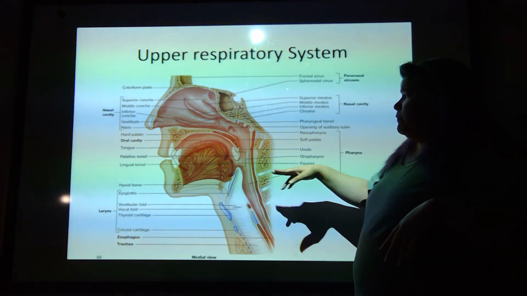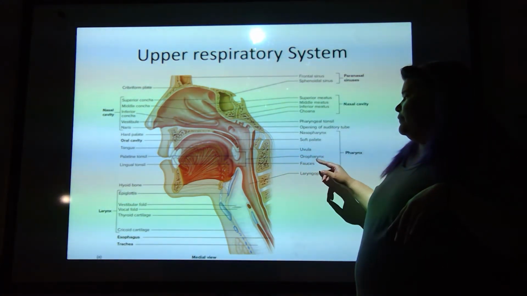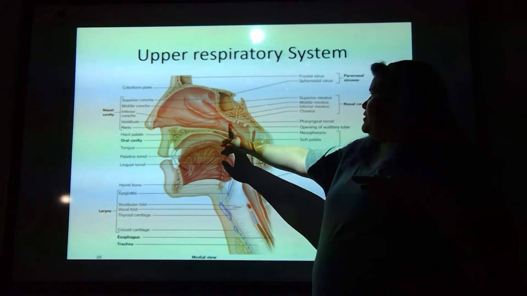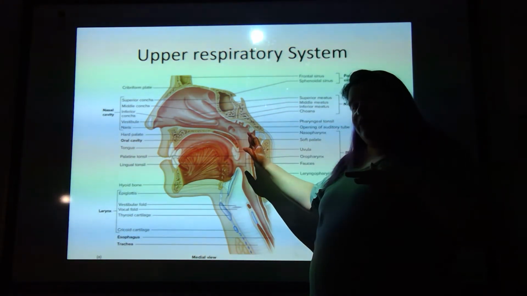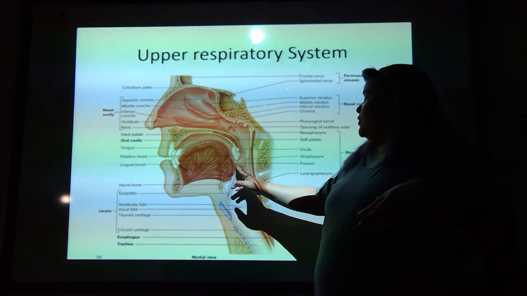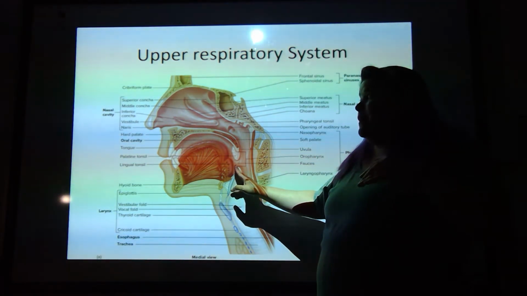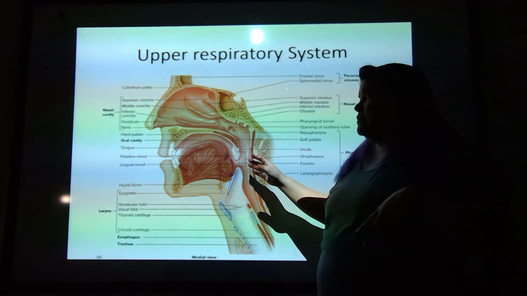The little dangly thing at the back of your throat, that's the uvula. And basically, again, you know how this choana is basically that transition from nasal cavity to pharynx? In the mouth, you have the fauces. That's, again, kind of that transitional space between where your mouth is and where the oropharynx is.